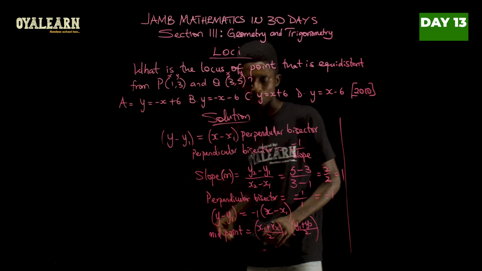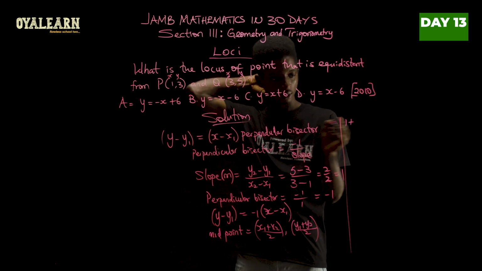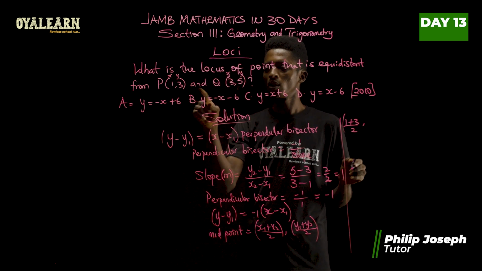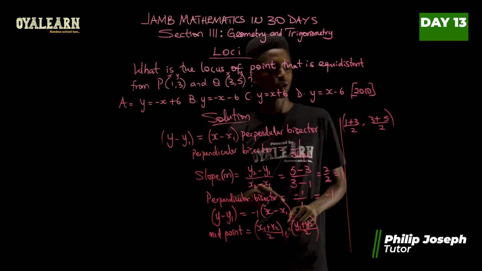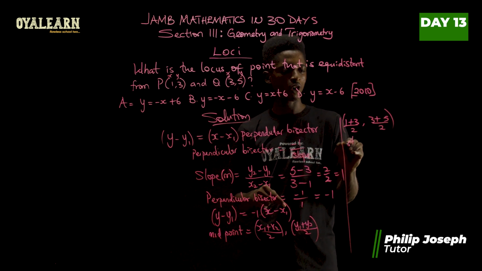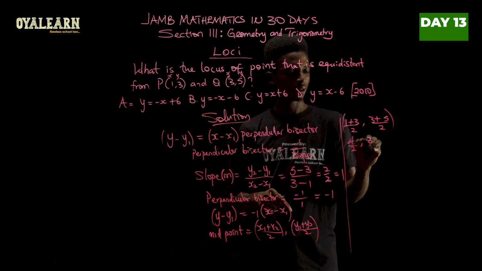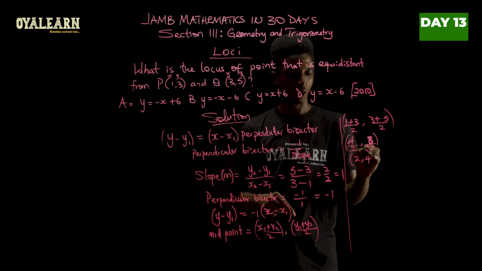So let's do that. x1, that's 1, plus 3 over 2, comma, 3 plus 5 over 2, close bracket. Now this is 4 over 2, comma, 8 over 2. So what we have here is 2, comma, 4.